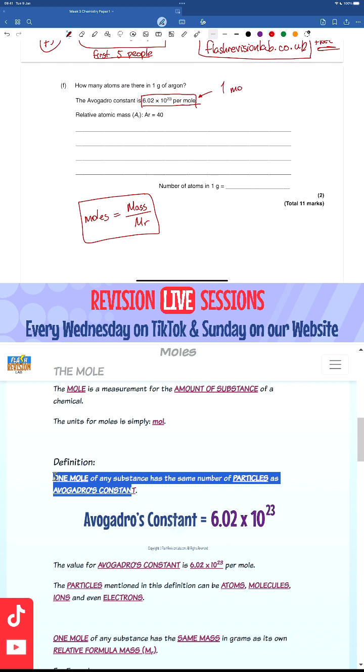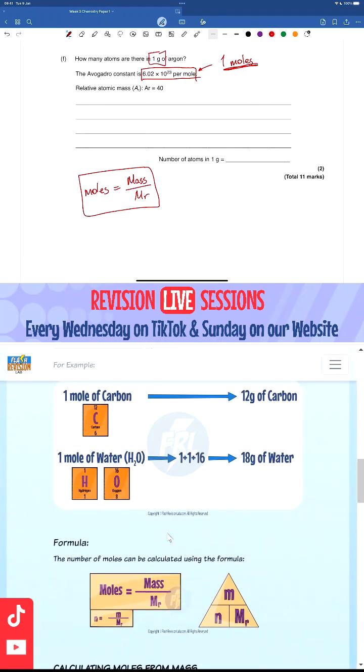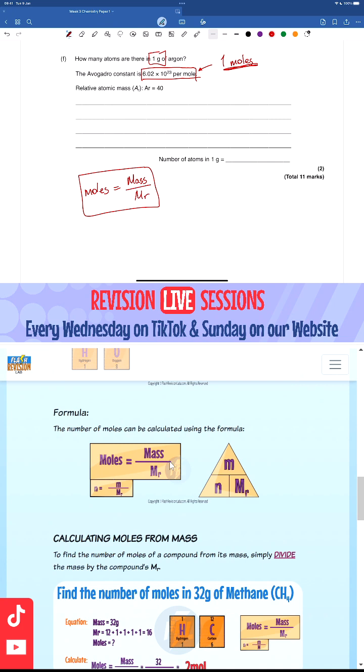So 1 mole has that many particles. The question is asking how many atoms there are in 1 gram. So what we need to do is work out how many moles there are in 1 gram. How do we work out the number of moles in 1 gram? We use the equation for moles, which I've written down and which we've got here in the notes as well.